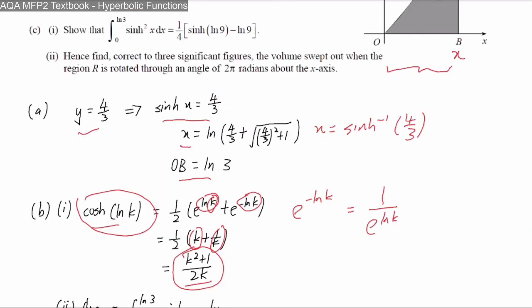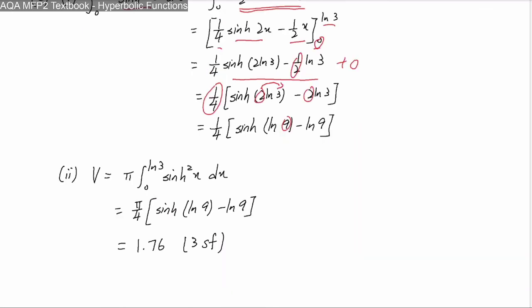The second part is to hence find, to 3 significant figures, the volume when it is rotated 2 pi about the x-axis. This is to integrate pi y squared dx. Our y squared here is sinh squared x, so in fact this integral we have already found earlier on.